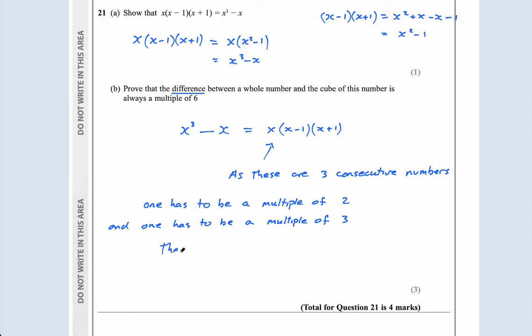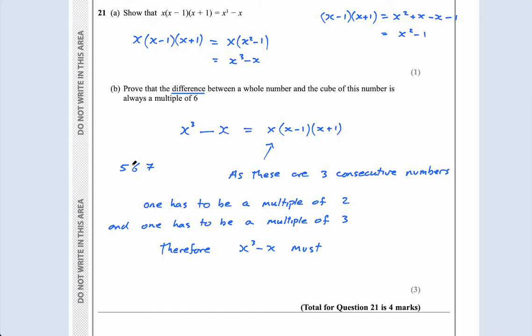Therefore, x cubed minus x must be, the whole thing, if you think of this now as one number. I'll give you another example. Let's say 5, 6, and 7.